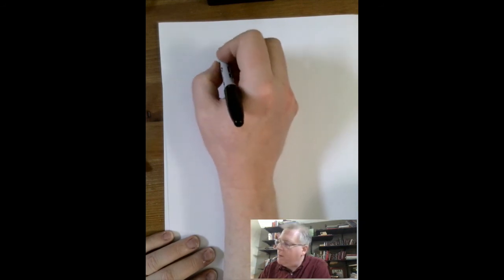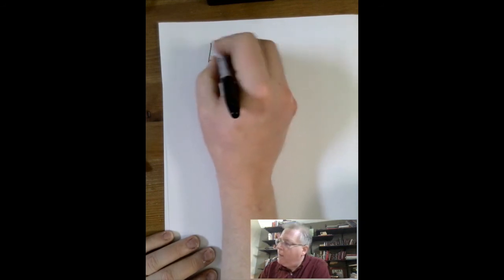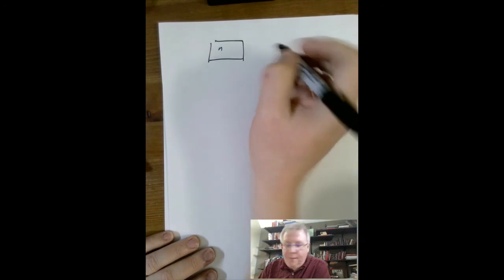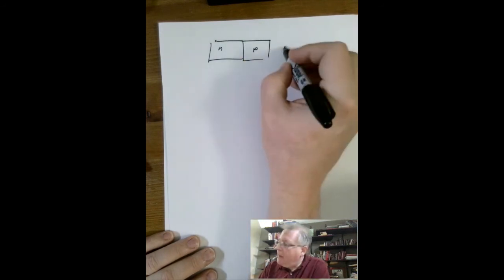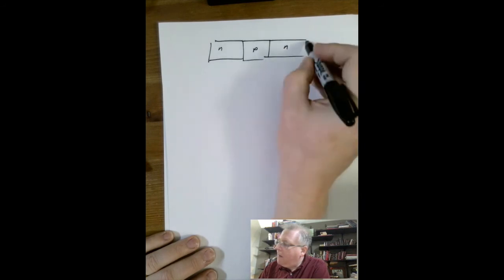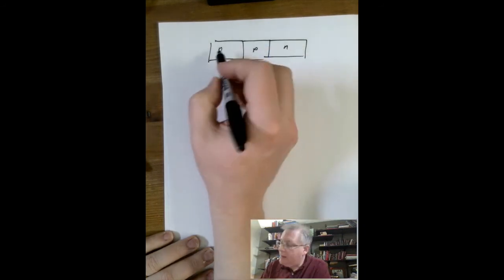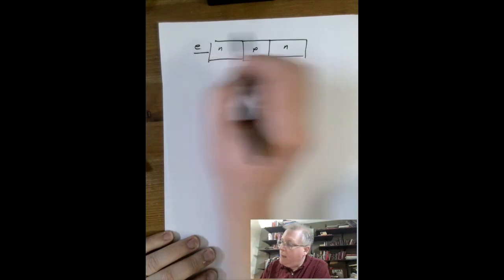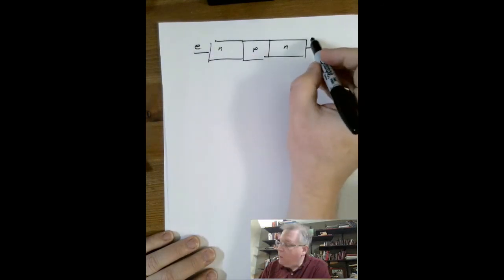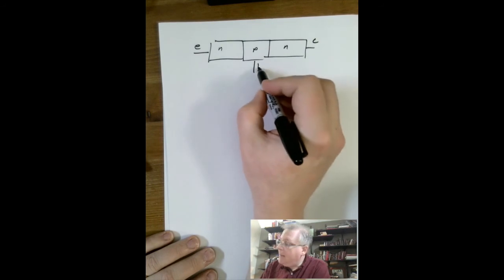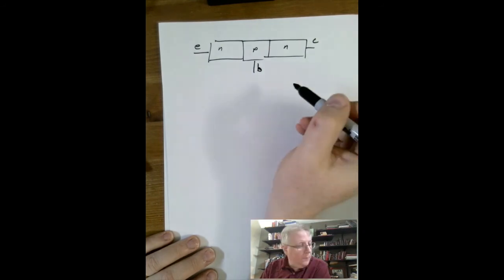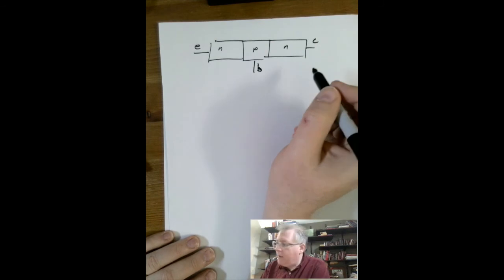I'm going to have an N-type over here, a P-type in the middle, and an N-type on the right. And now I'm going to have three contacts. I'm going to label this one E, this one C, and this one B.